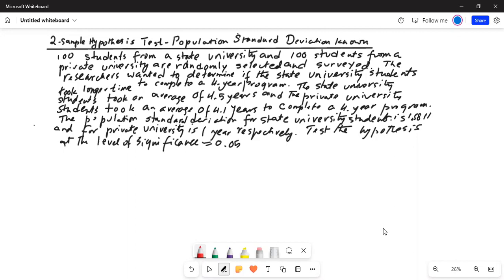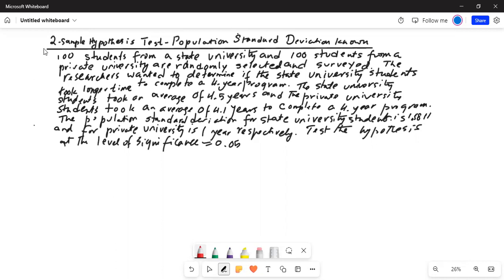The state university students took an average of 4.5 years, and private university students took an average of 4.1 years to complete a 4-year program. The population standard deviation for state university is 1.5811, and for private university is 1 year respectively. Test the hypothesis at the level of significance equal to 0.05.